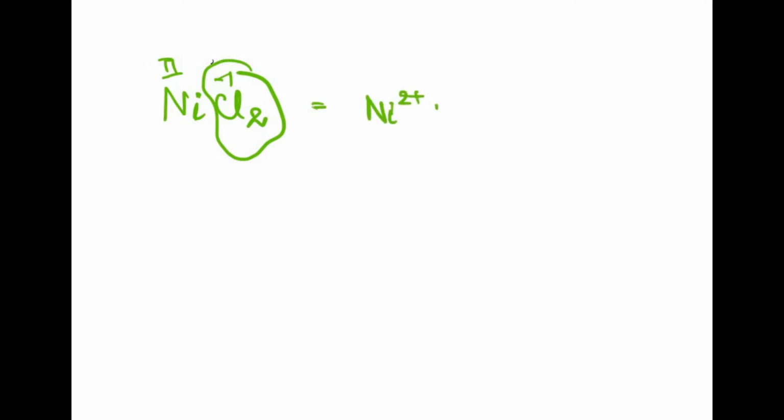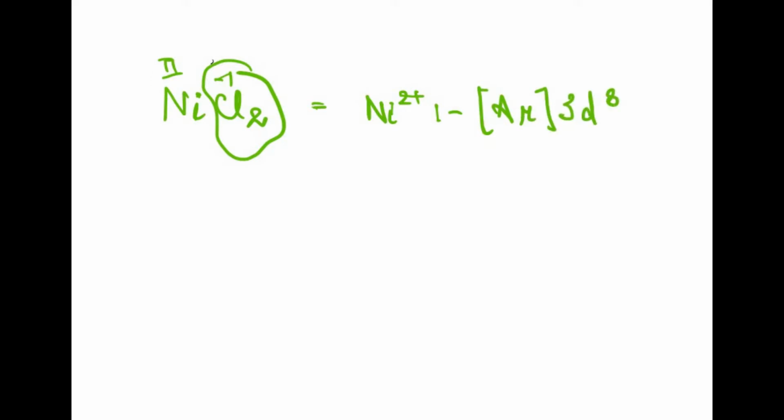For NiCl2, the chlorine ligand has a charge of -1, so a total of -2. For the whole compound to be neutral, nickel has a charge of +2. So Ni2+ would mean argon core 3d8.